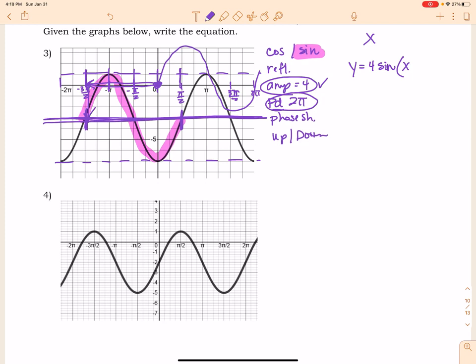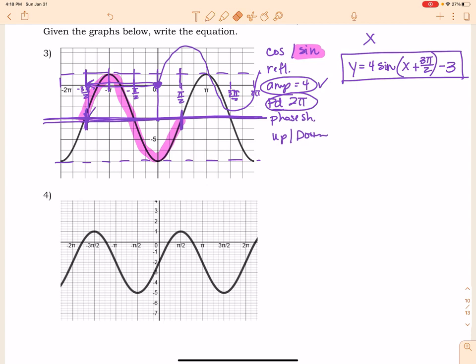So that means that this is going to be positive 3 pi over 2. And then it shifted how many? It shifted 3 down. So that would be my equation for sine. This is not the only answer, just FYI, because you could have also thought of it as reflecting. It just depends on how you look at the graph, but this is a correct picture of it.